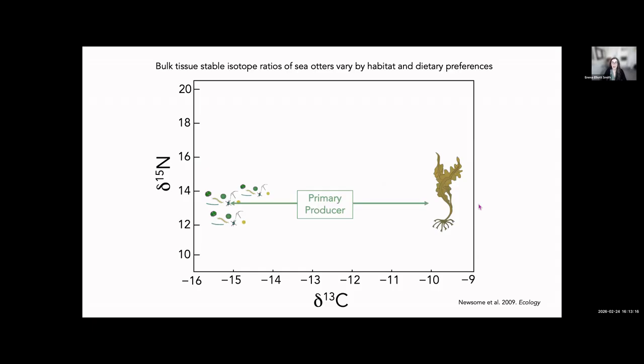So for instance, carbon isotope values differ among different types of photosynthetic organisms. When it comes to sea otters and the habitats they live in, what we find is that phytoplankton tend to have much lower carbon isotope values than co-occurring macroalgae such as kelps or seagrass and eelgrass.